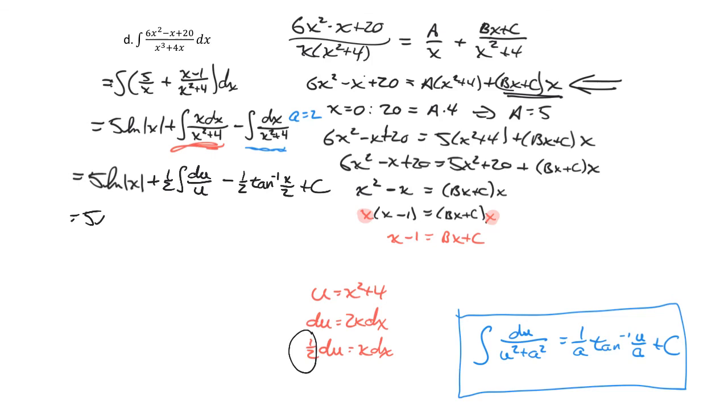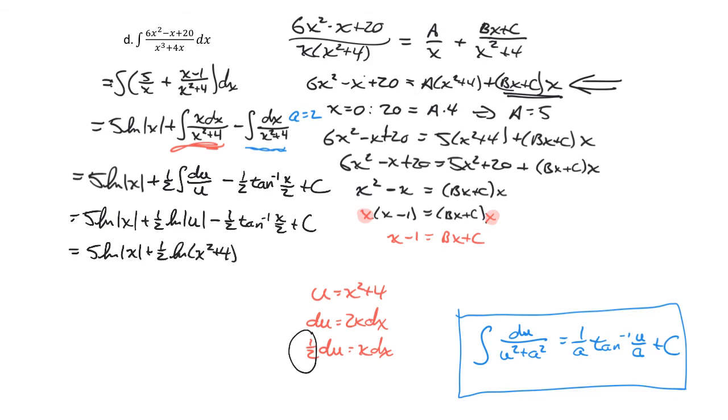We've got 5 times the natural log of the absolute value of x plus 1/2. The antiderivative of du over u is the natural log of the absolute value of u, minus 1/2 times the inverse tangent of x over 2 plus c. And we make our final substitution here. Because u is x squared plus 4, and x squared plus 4 is always greater than 0, just like in the last example, we can just make this the natural log of x squared plus 4, and then minus 1/2 times the inverse tangent of x over 2 plus c.